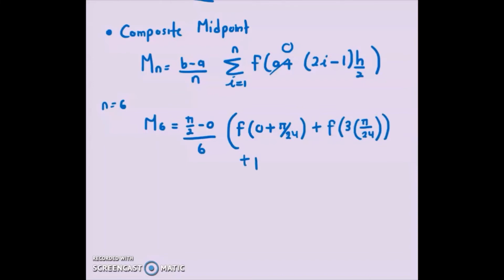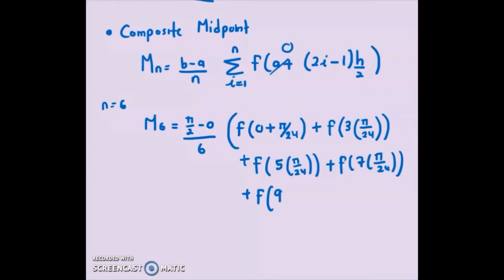Then plus f when i is 3, times 2 is 6 minus 1 is 5, so 5 pi over 24. When i is 4, times 2 is 8 minus 1 is 7, so 7 pi over 24. Lastly, i is 5, times 2 is 10 minus 1 is 9, so 9 pi over 24.